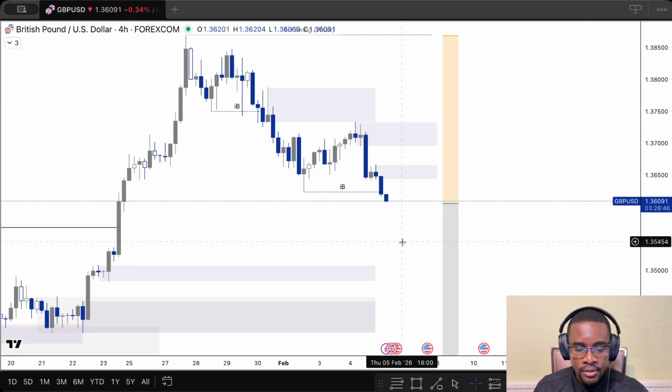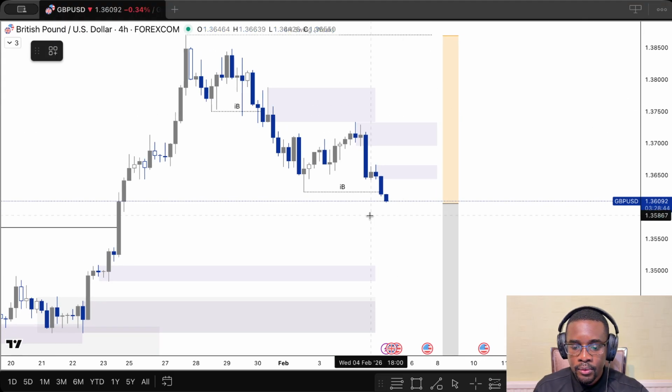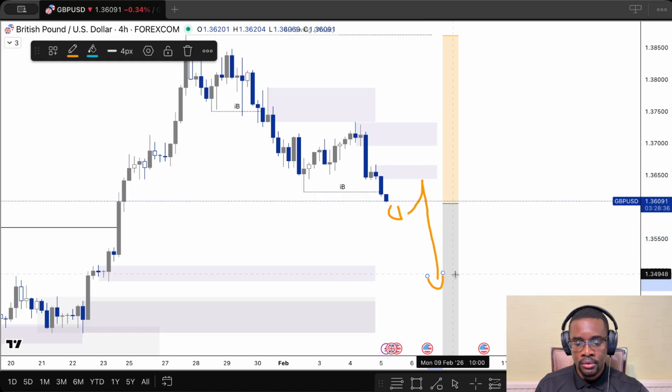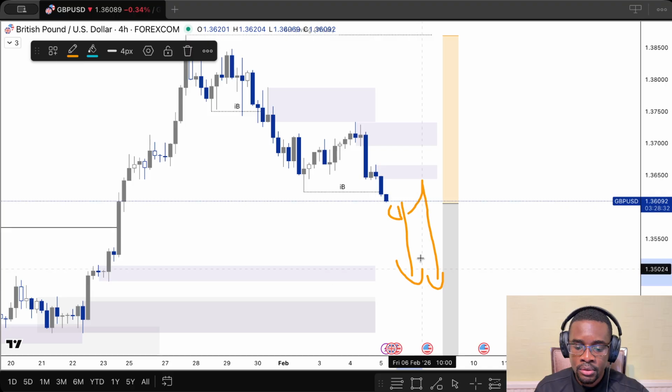So expectation still the same. We expect price, now that we've broken structure, could consolidate, right, or come up and then push down, or it could just continue.